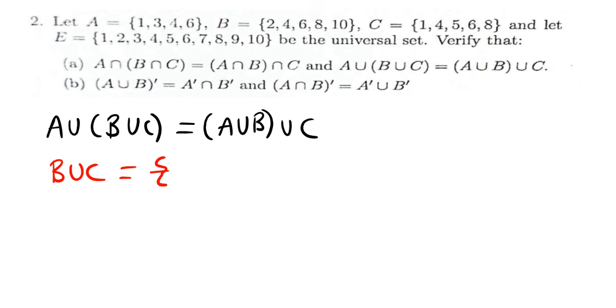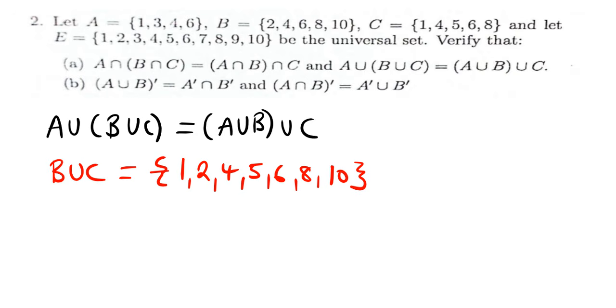In B we've got 2, 4, 6, 8 and 10. In C we've got 1. So I start with 1 in C. There's a 2 in B, there's a 4 in both B and C, there's a 5 in C, there's a 6 in B, there is no 7, there's 8, there's 10. Basically that is B union C.